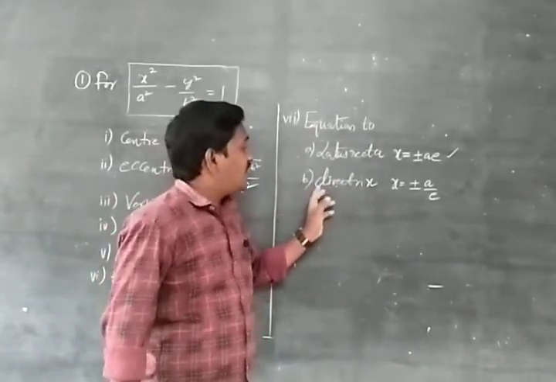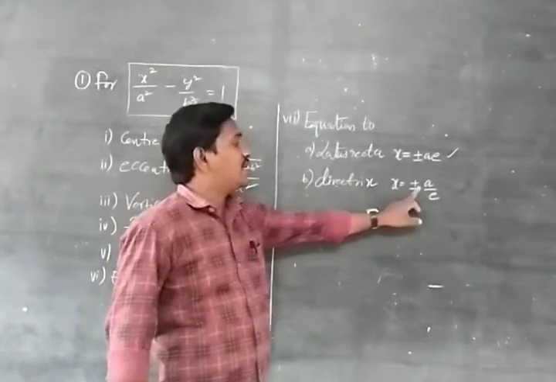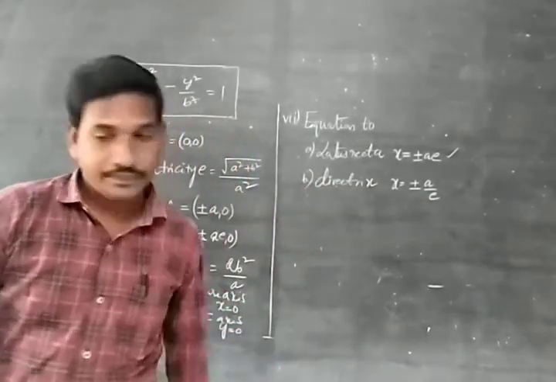From that, the equation of directrix is x equal to plus or minus a by e, right?